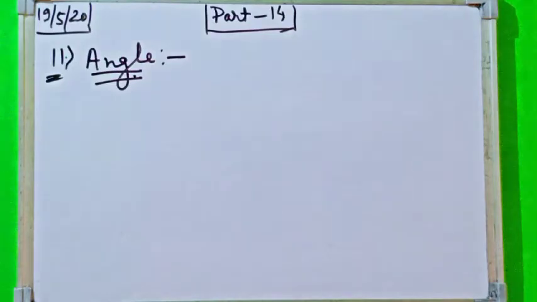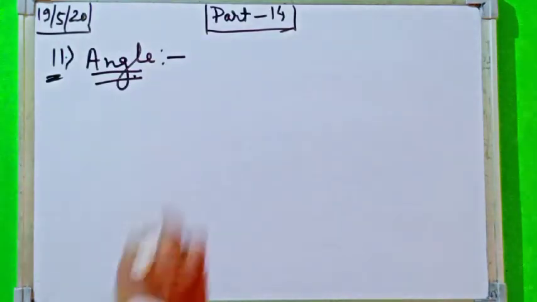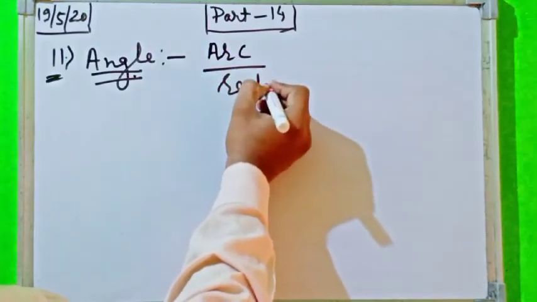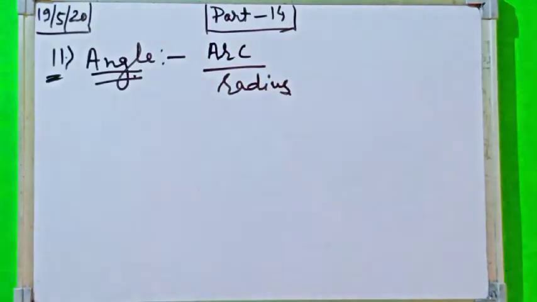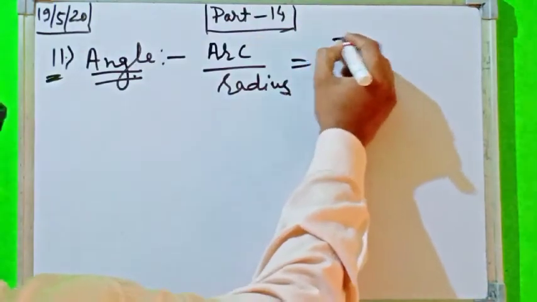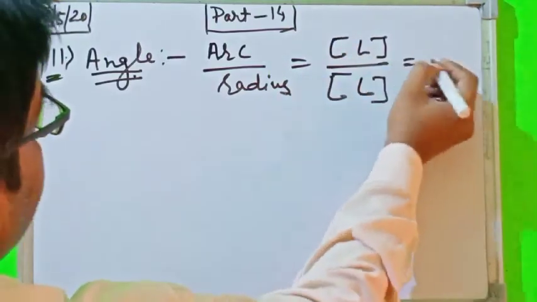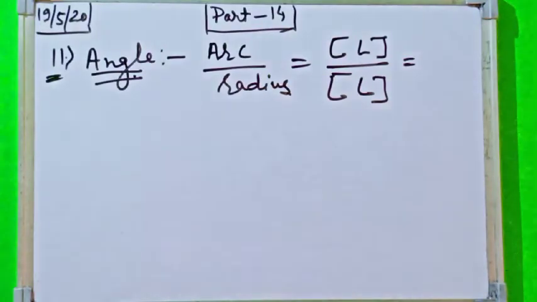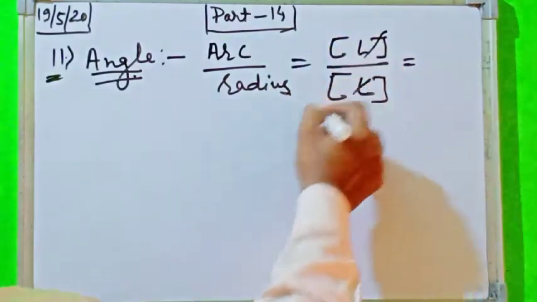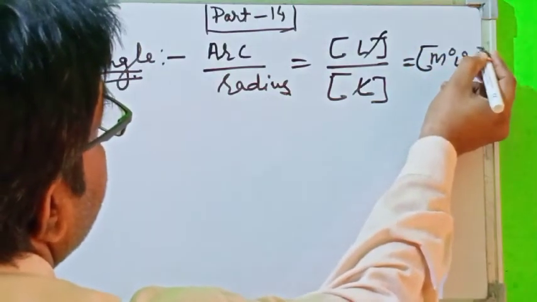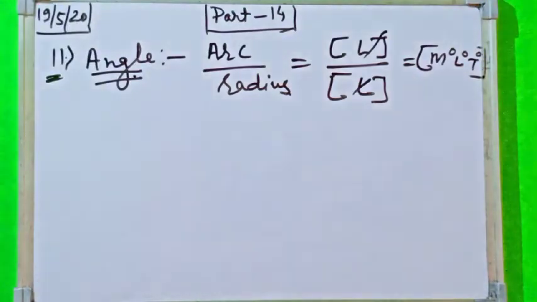As you know, angle in radian is defined as arc upon radius. Both are lengths, so the dimensional formula is L for each, L by L cancels out, and it is equal to M0 L0 T0. This is the dimensional formula for angle.